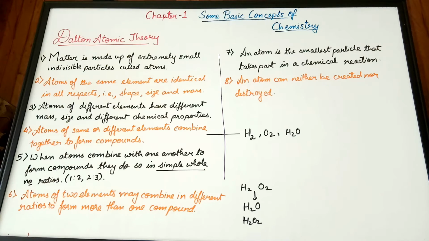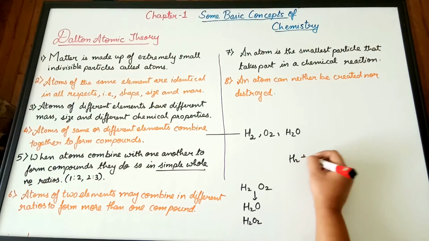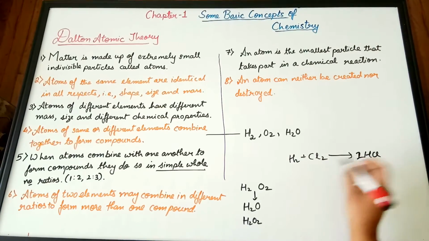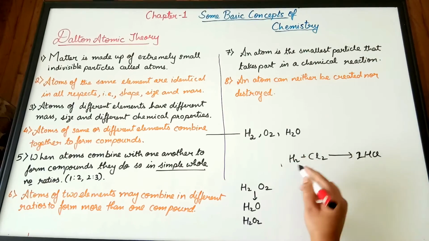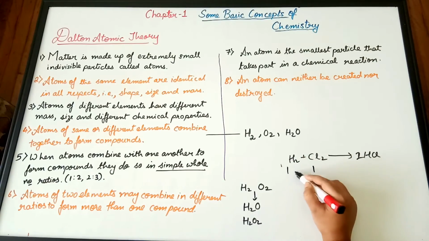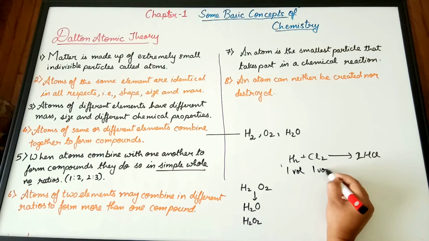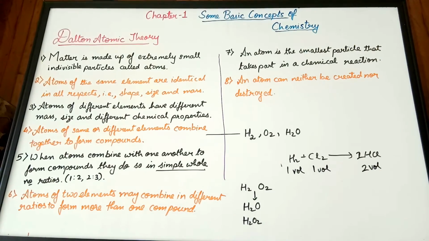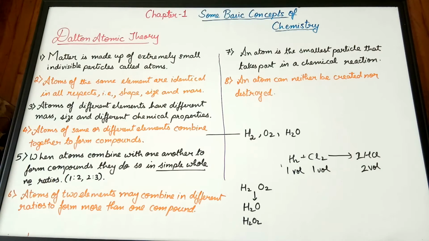It did not tell us why H2 plus Cl2 gave 2 HCl, and why 1 volume of hydrogen and 1 volume of chlorine gave us 2 volumes of hydrogen chloride. So it was able to explain the law of conservation of mass, but not the law of gaseous volumes.